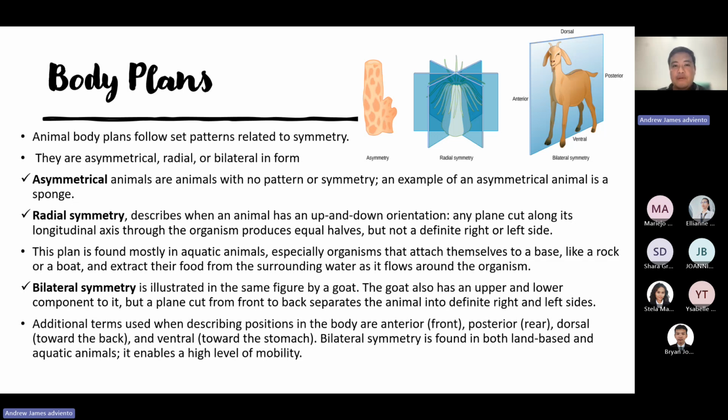This one is an example of it. And lastly is bilateral symmetry. Whatever is on one side, it has the same on the other side. Like this goat has bilateral symmetry because it has left and right feet, left and right ears, left and right eyes as well. It's bilateral.